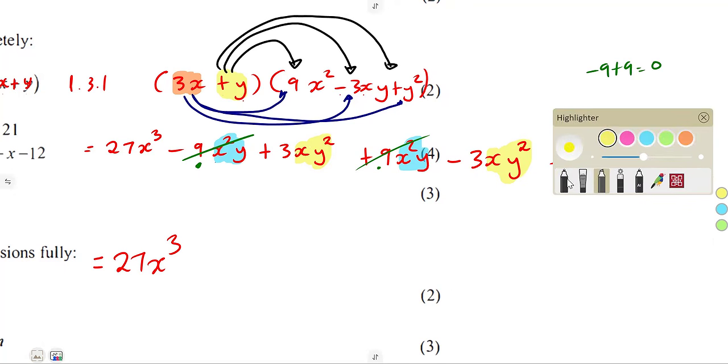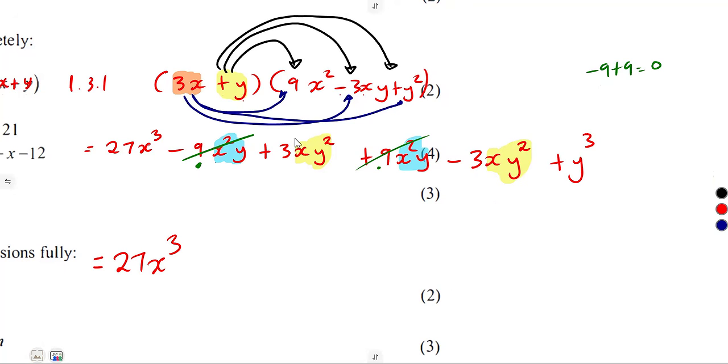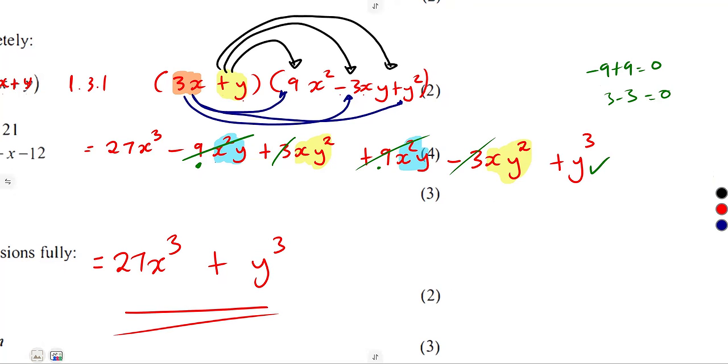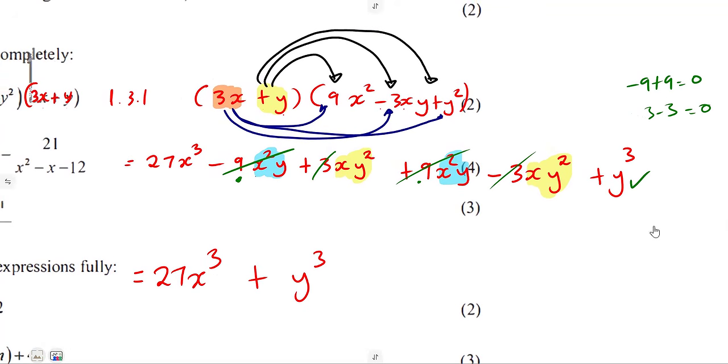So we consider that that was going to be positive 3 minus 3. That's a 0 there. As you can see, this whole part is cancelled. We are just left with y cubed at the end, which is a positive there. So this is what you're going to have at the end of the day. As we can see, it was just a matter of expanding brackets, then you collect the like terms as usual.